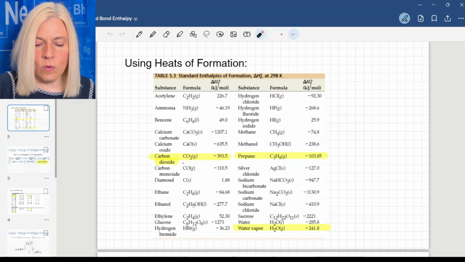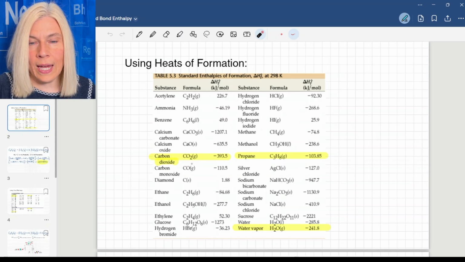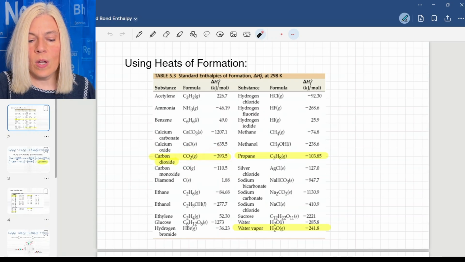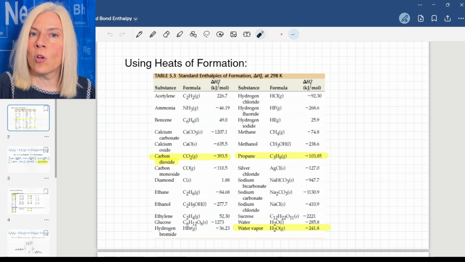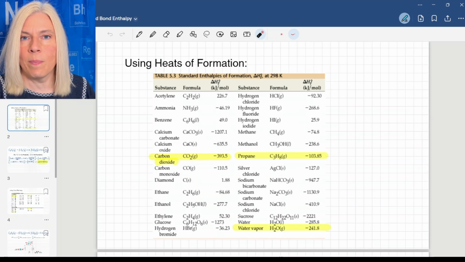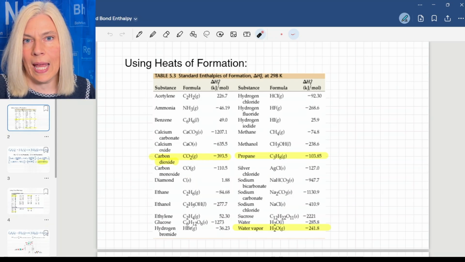If you take solid carbon and O2 gas and combine them to form carbon dioxide, this will release energy. So how much energy is absorbed or released when you form that compound from its individual elements? That is the heat of formation.